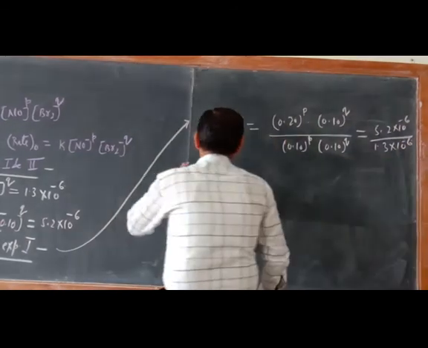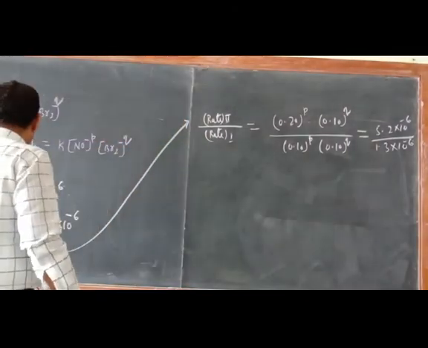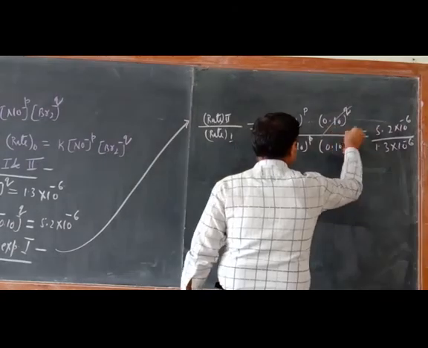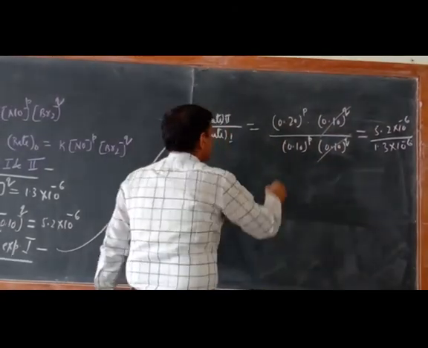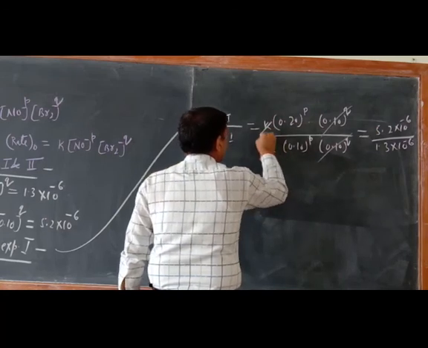Now just see the beauty of this method. If we are dividing experiment second by experiment first, this and this will be completely cancelled out. Here we can write k, here also k, so the k will be cancelled out.